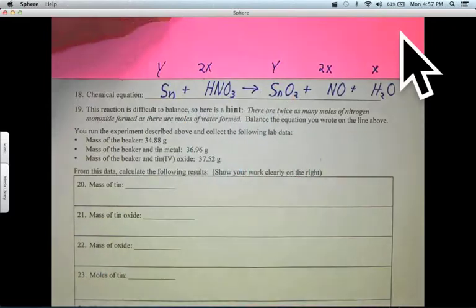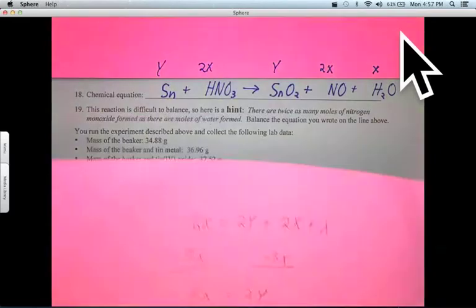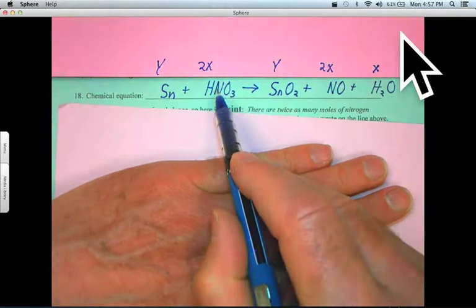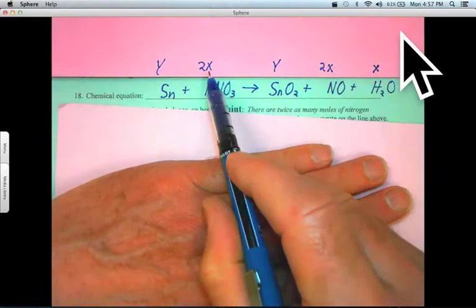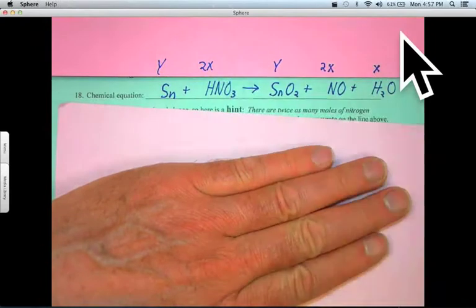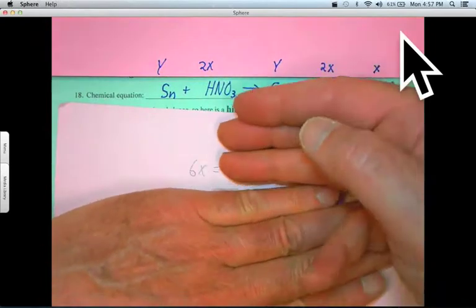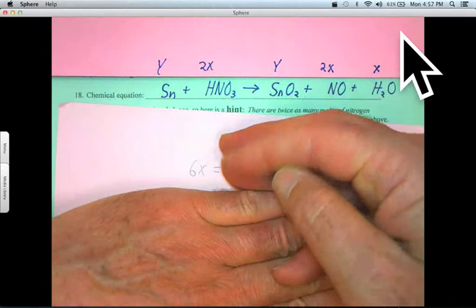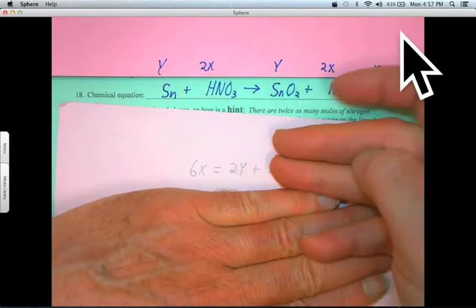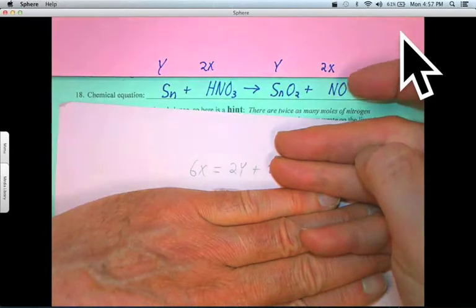I worked that out before. Let's see. How many oxygens do we have here? We have O3. We have 6 oxygens. So that makes that a 6. And here we have 2 times y. Here we have 2x oxygens.